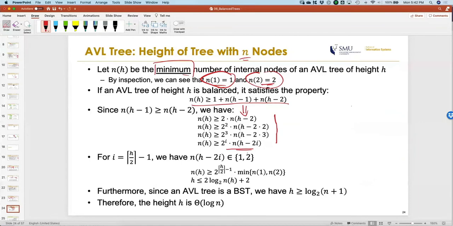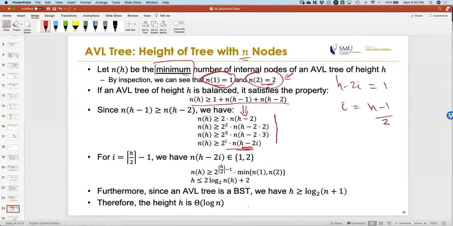I need to figure out what value of i is going to take me to one of these base cases. If my base case is 1, then I'm going to take h minus 2i and equate it to 1, because I want to get to the base case 1. Then in this case, my i is going to be h minus 1 divided by 2.